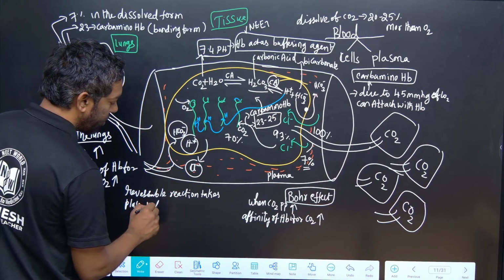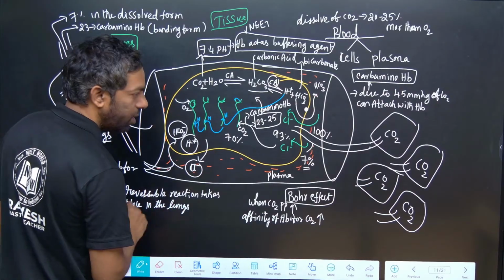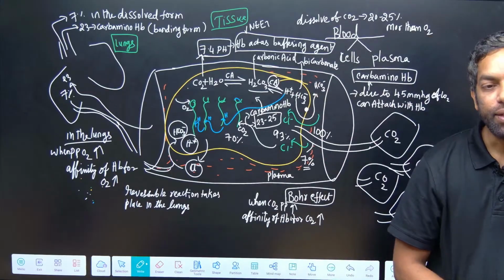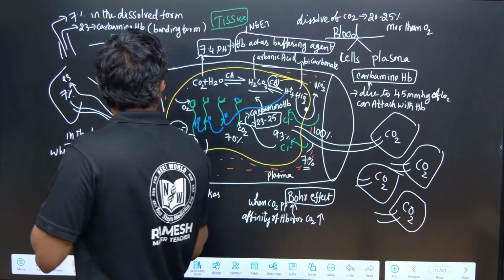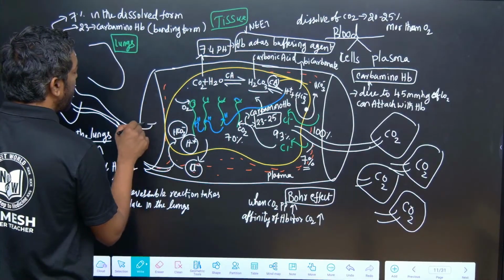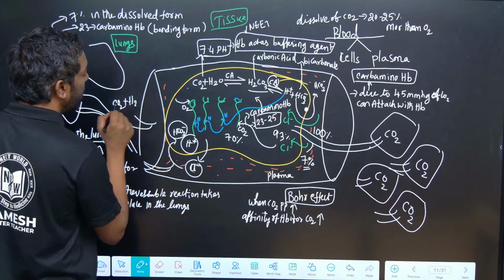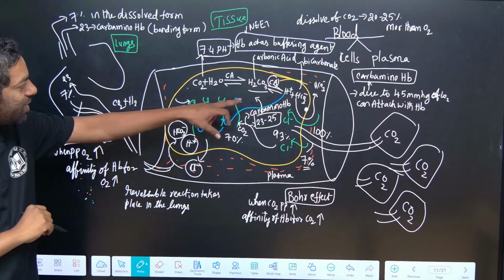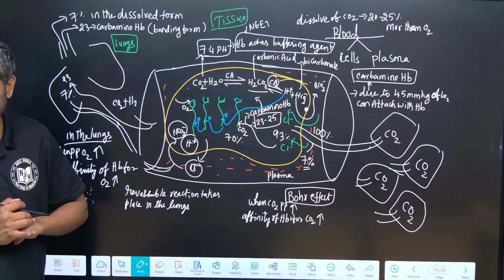In this condition, the bicarbonate ion again modifies into CO2 plus H2O, reversible reaction. Got it? This is the reaction again to form CO2 and H2O, right?